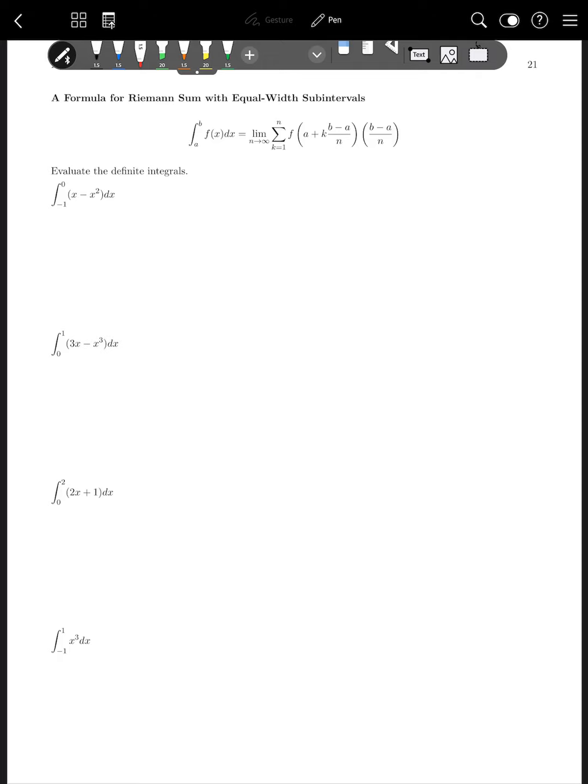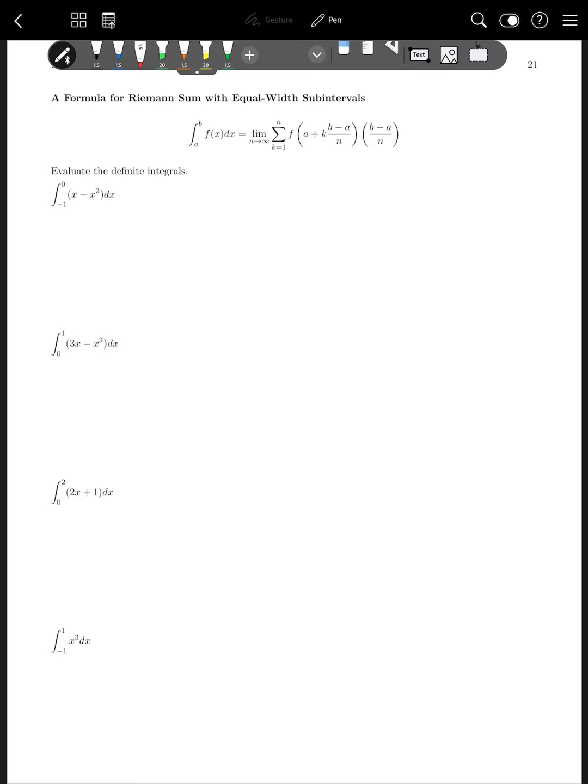So if I want to find the integral from -1 to 0, I can just plug all these values in.